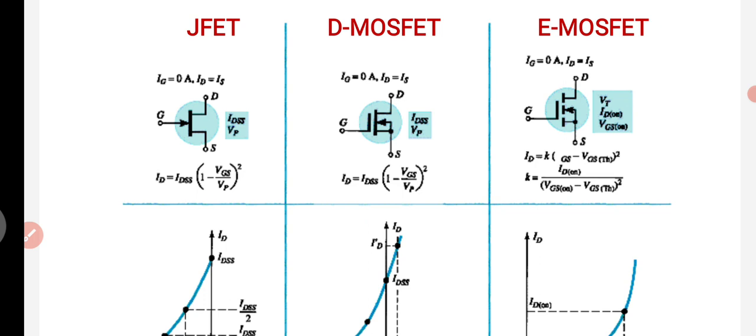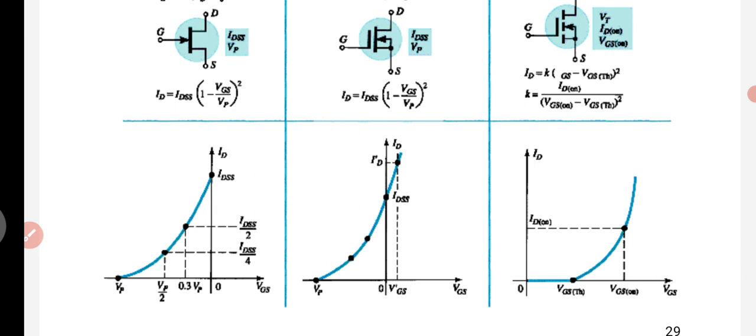The JFET operation is similar to the D MOSFET. In case of E MOSFET, ID equals K into VGS minus VT whole square. Next, when you draw the transfer curves of these JFET, depletion mode and enhancement mode MOSFET, the characteristics of JFET and depletion mode are similar.